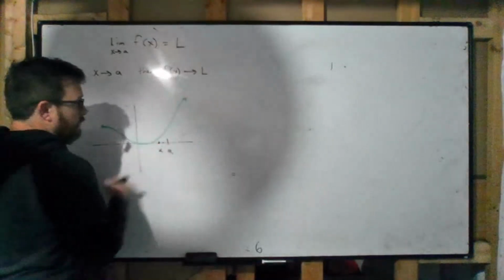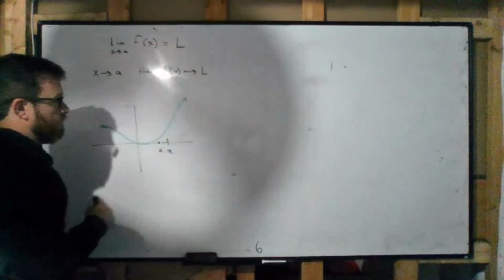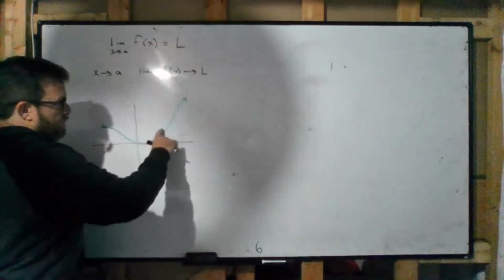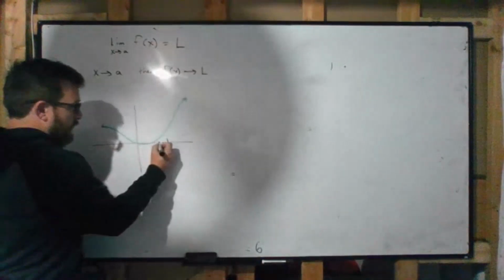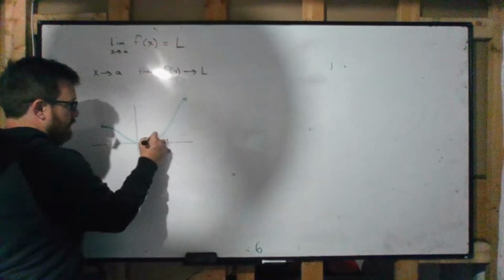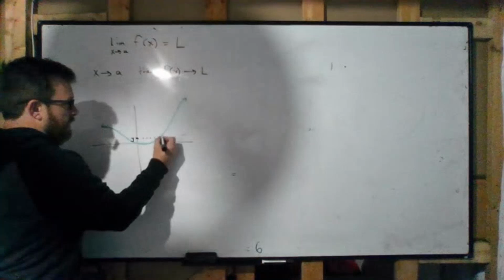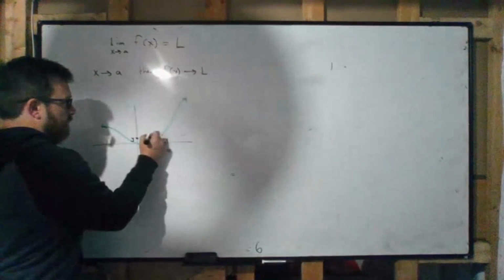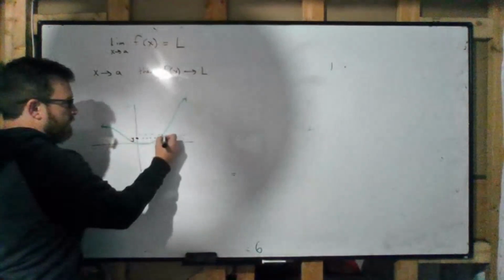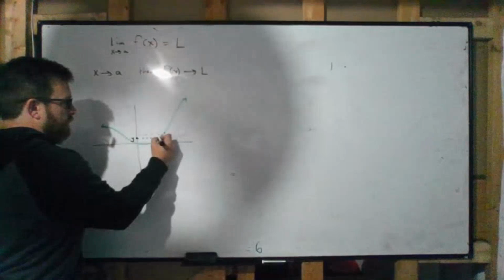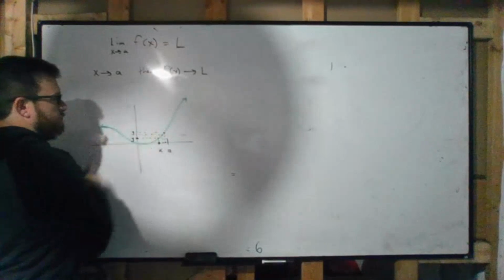If I put it right here, it'd be a little bit closer. But these are the x values of this particular curve. So this x value has that y value, and this x value, if I pick it, is going to have that y value, and this x value, these points right here, is going to have this y value.